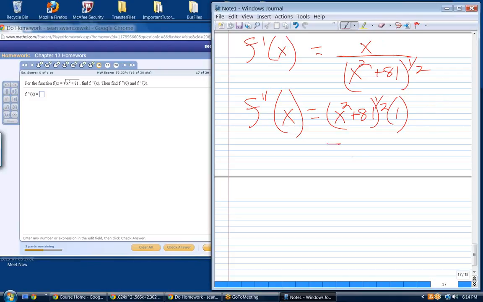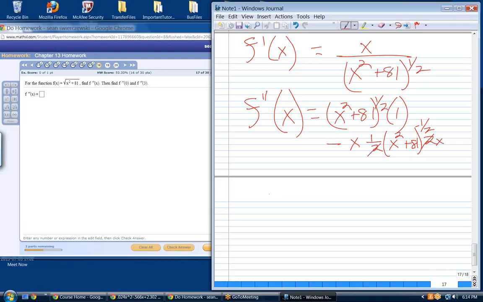Minus the top times the derivative of the bottom. Well, we just figured out that the derivative of the bottom is 1/2 x squared plus 81 to the negative 1/2 times 2x. And again, the 2's cancel.